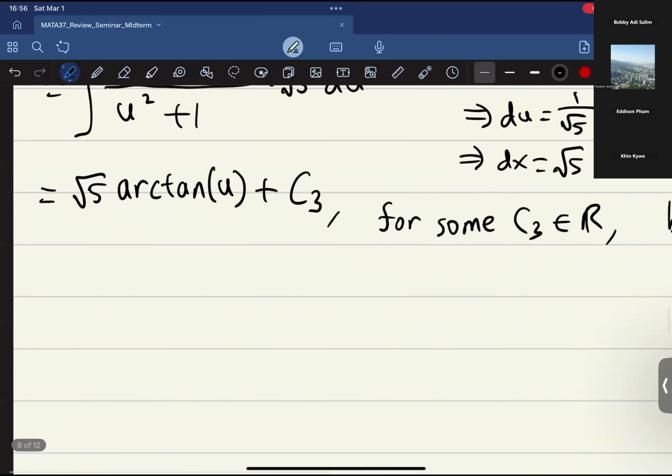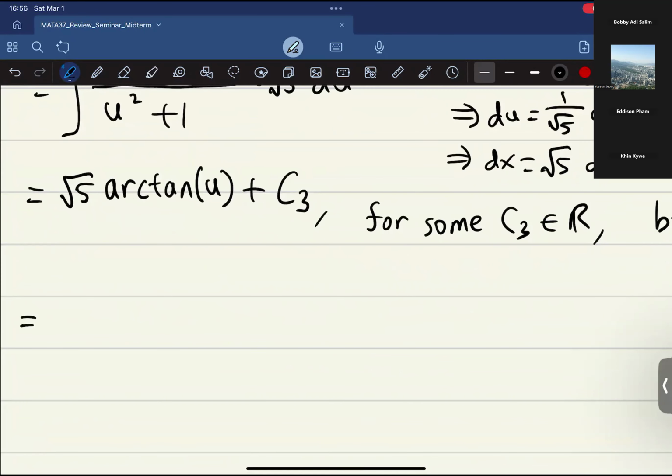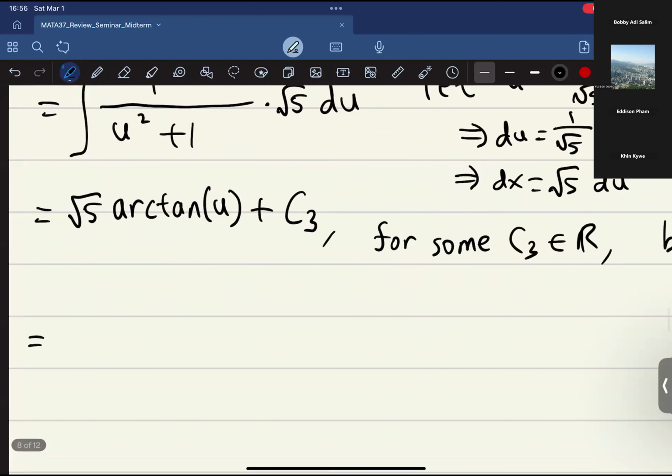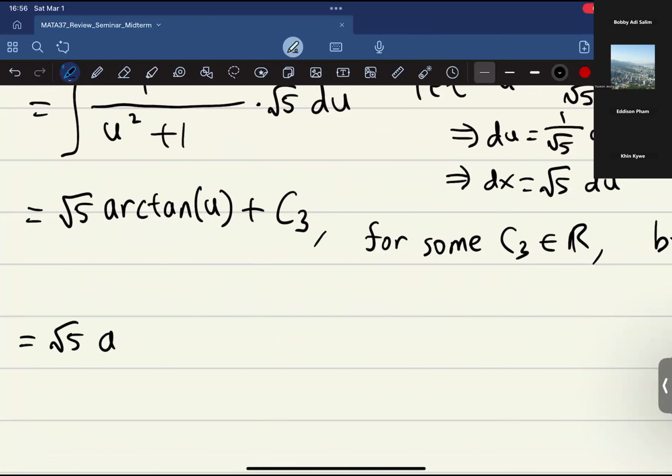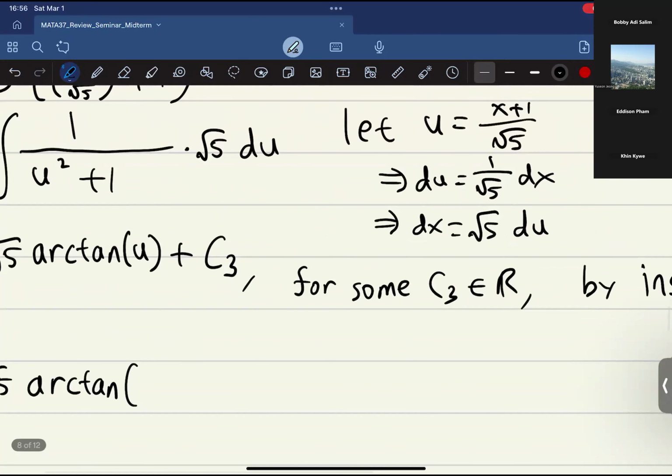Right. So here we can substitute back the value of u. So this is equal to square root of 5 times arctan of x plus 1 over square root of 5 plus C3.